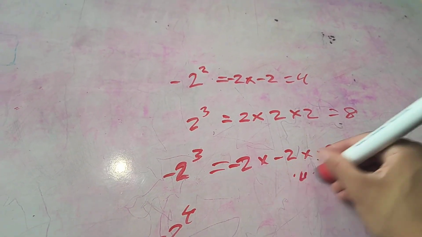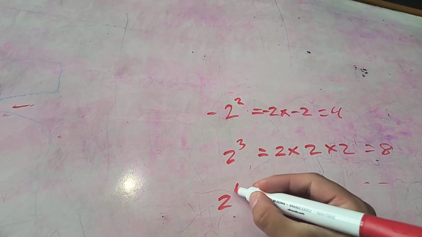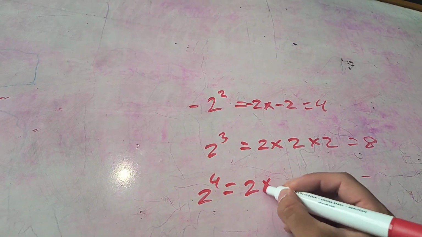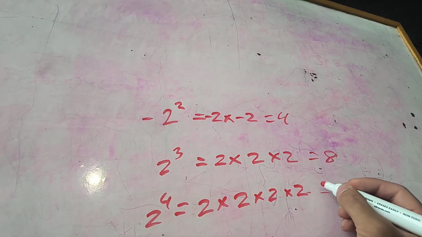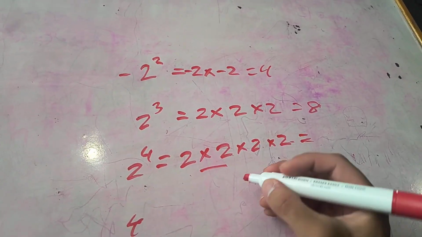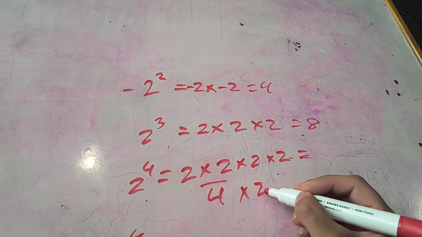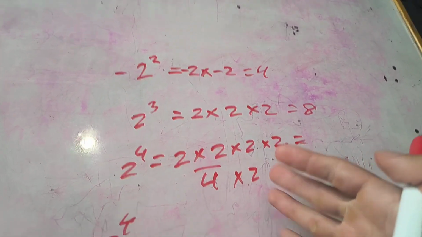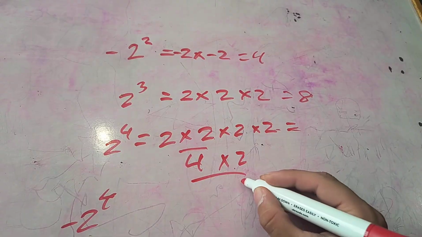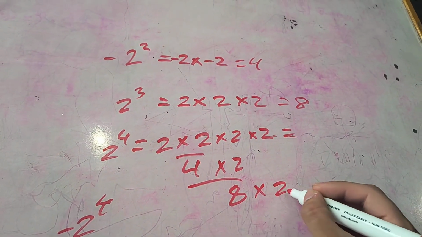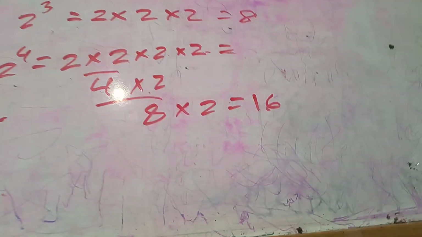Let's first figure this out with a regular 2 to the power of 4. 2 to the power of 4 is equal to 2 times 2 times 2 times 2. 2 times 2 is 4, times 2 is 8. So then this becomes 8 times 2, which is 16. So 2 to the power of 4 is 16.